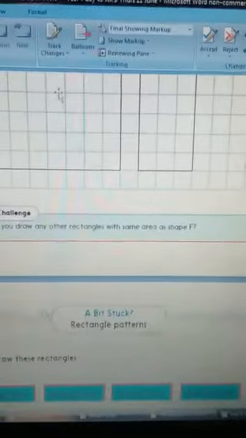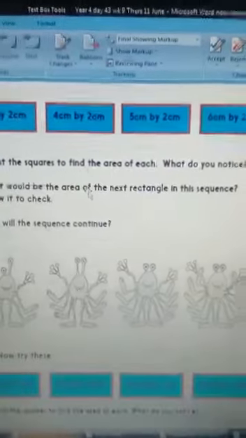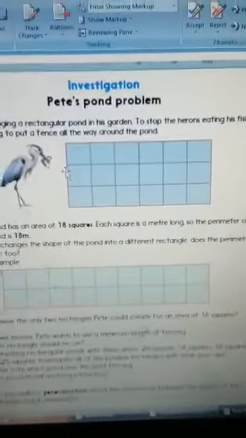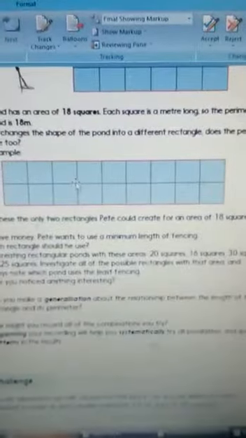And the challenge is, can you draw any other rectangles with the same area as shape F? So find out what area is in F and then see if you can make other rectangles. If you're a little bit stuck, you can try these activities. And you've got some squared paper for you to do your shapes and find the areas. And investigation, if you'd like to follow that.